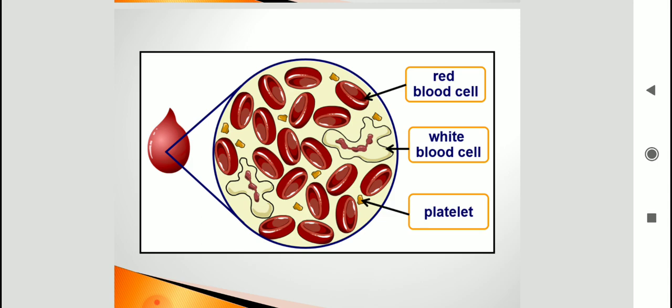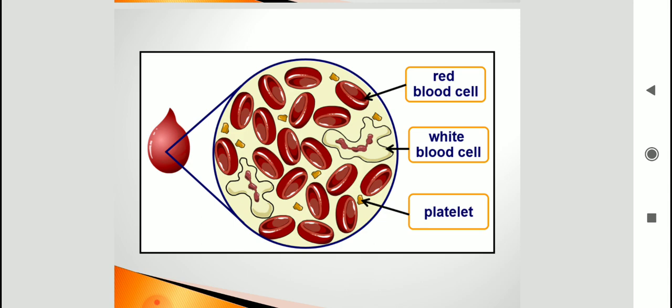You must be able to understand by now what red blood cells do. As I told you, transportation of essential substances from one part of the body to another, plus taking in oxygen and supplying it to the different body cells, taking in carbon dioxide and giving it back to the heart.